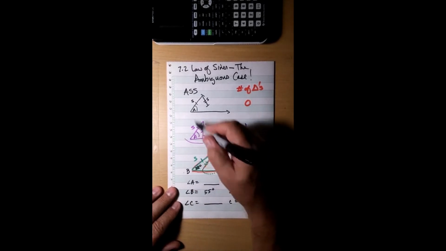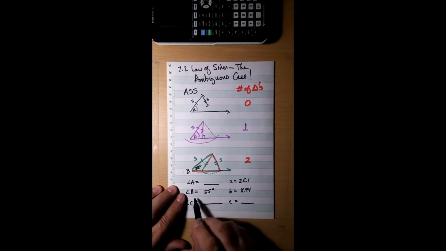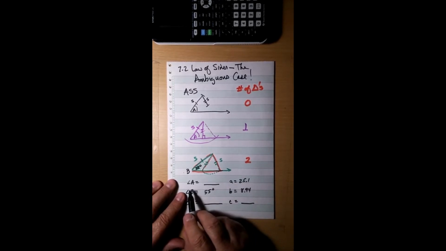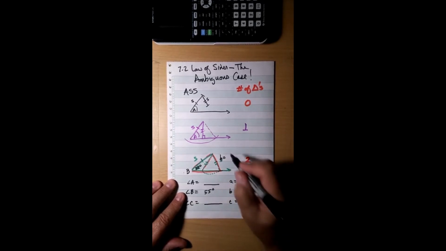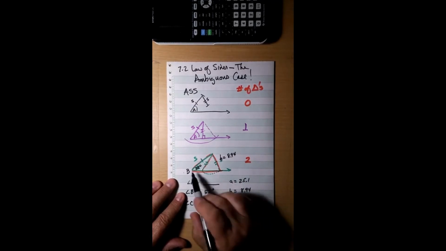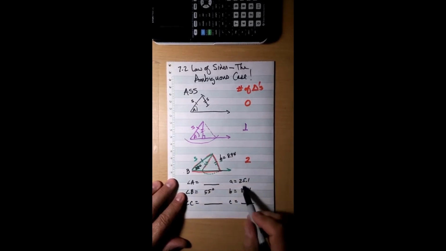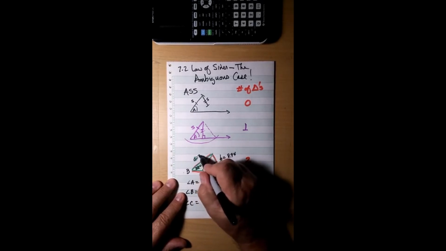I could use this picture, also that picture. It would be angle B there. That's the one angle I know. Now, the side opposite has got to be side b, that little b. This has got to be the 8.94. That's locked in. Let's make the other side, in this case a, the 25.1.